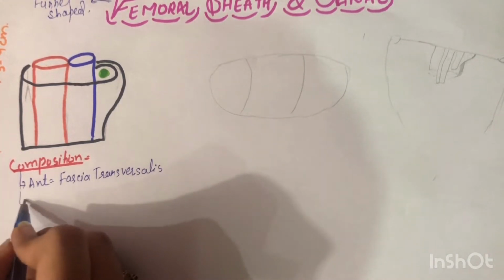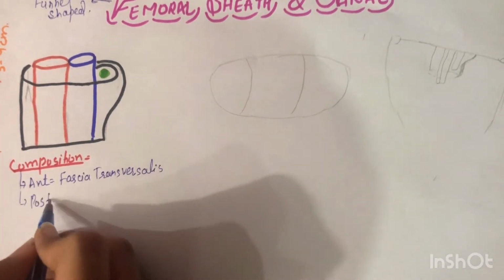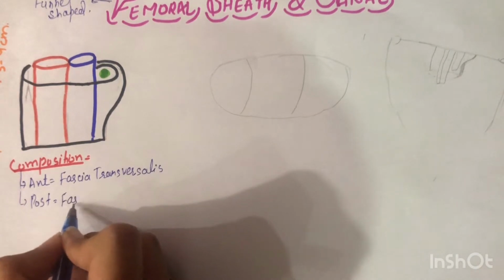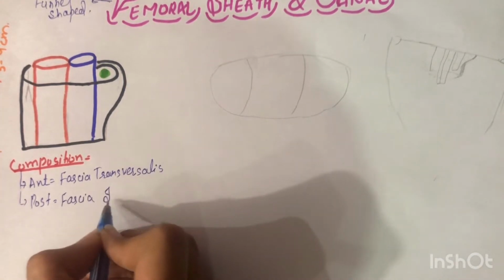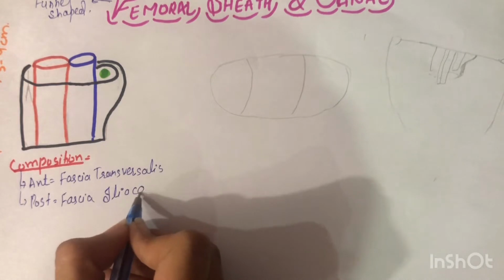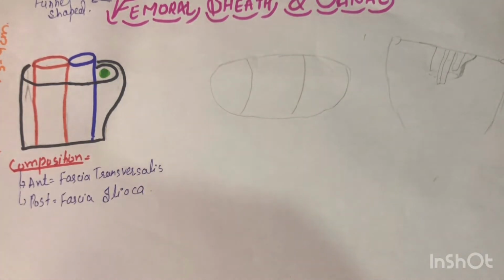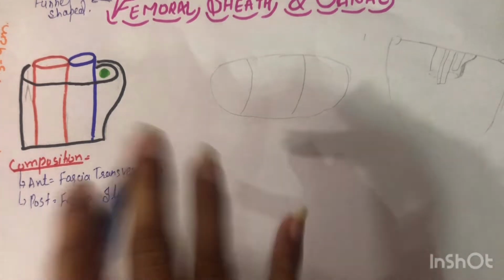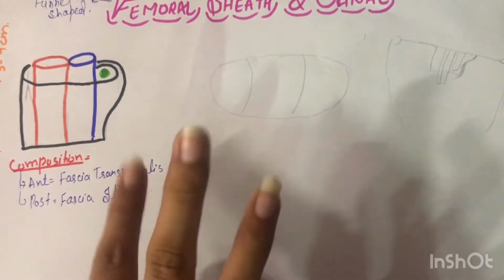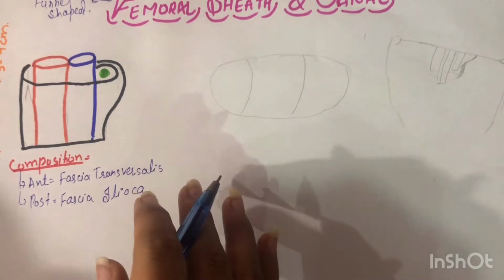Then posteriorly, it is fascia iliaca, right? So both of these are the walls, or I can say that the femoral sheath is made up of these two, right?